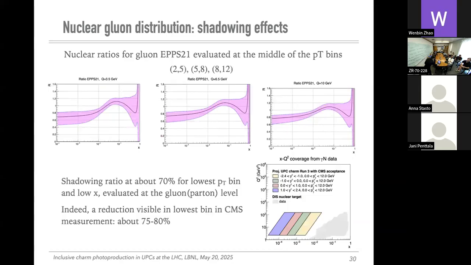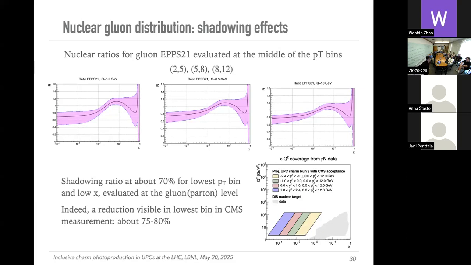Okay, so just to see what is happening, if you look at these PT bins that CMS has, 2 to 5, 5 to 8, 8 to 12, and then you take the middle of each bin and plot the ratio for EPPS, this is how they look, right?